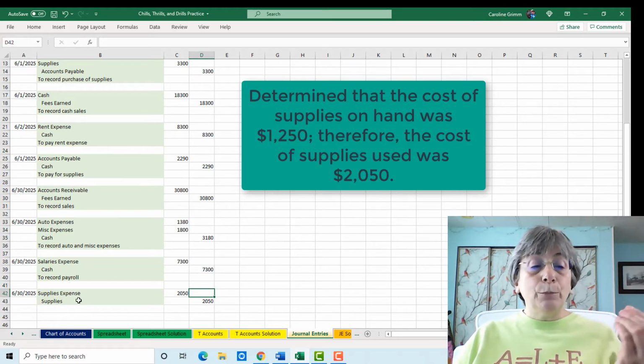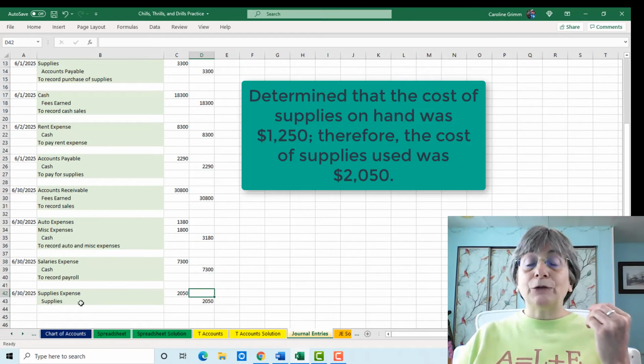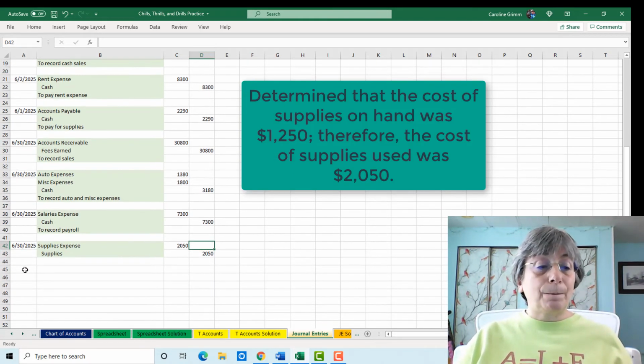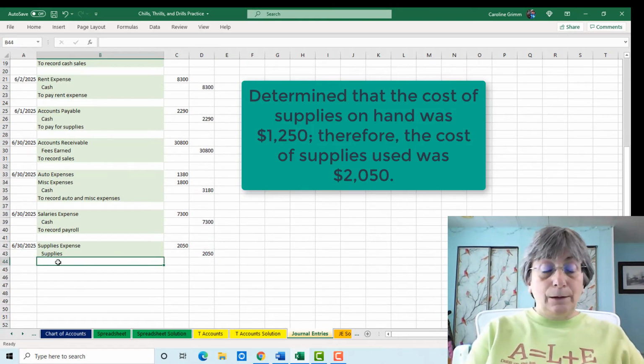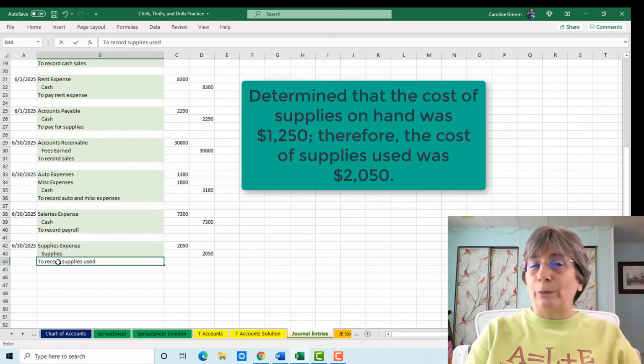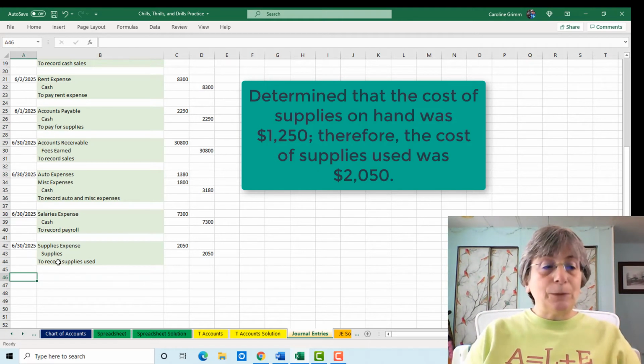So here we go. We have moved it out of our supplies asset and into our supplies expense. We've just adjusted that account, and that's why it's an adjusting entry. And here we go. To record supplies used, or something along those lines for your description.